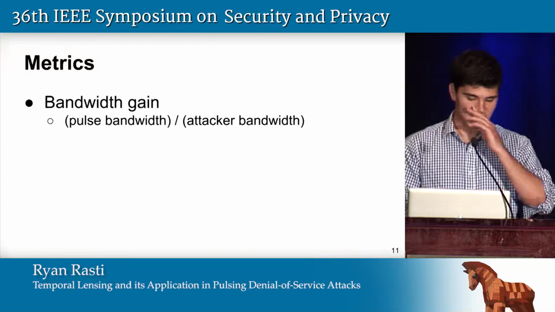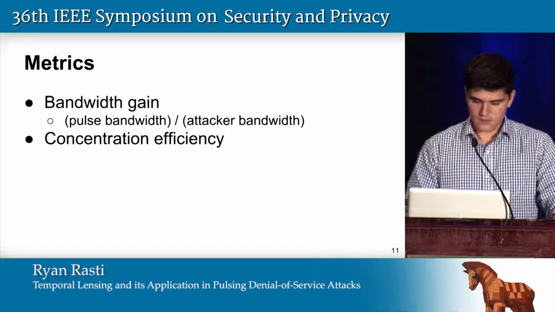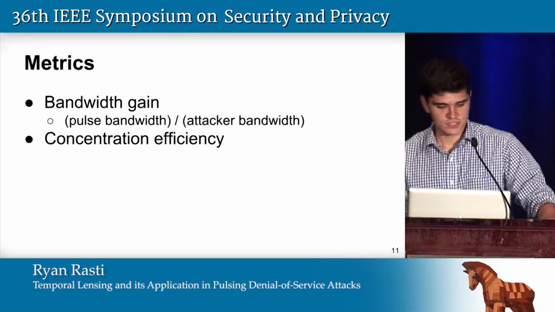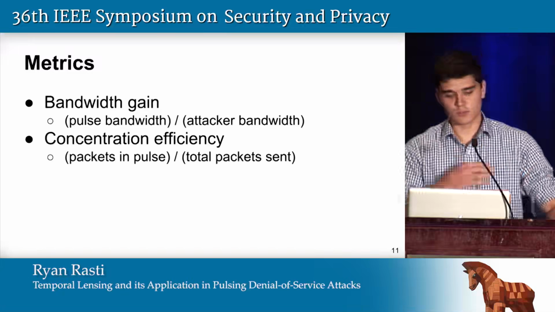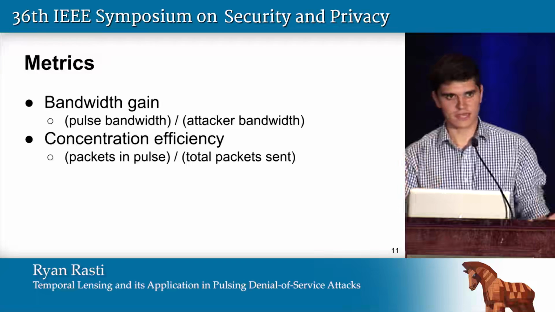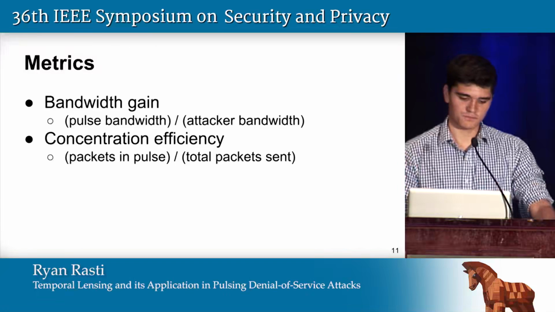An attacker would want a higher bandwidth gain. The second is concentration efficiency, which is somewhat similar. It's a measure of the proportion of packets that an attacker sends that actually land in the pulse and will be effective for the attack.